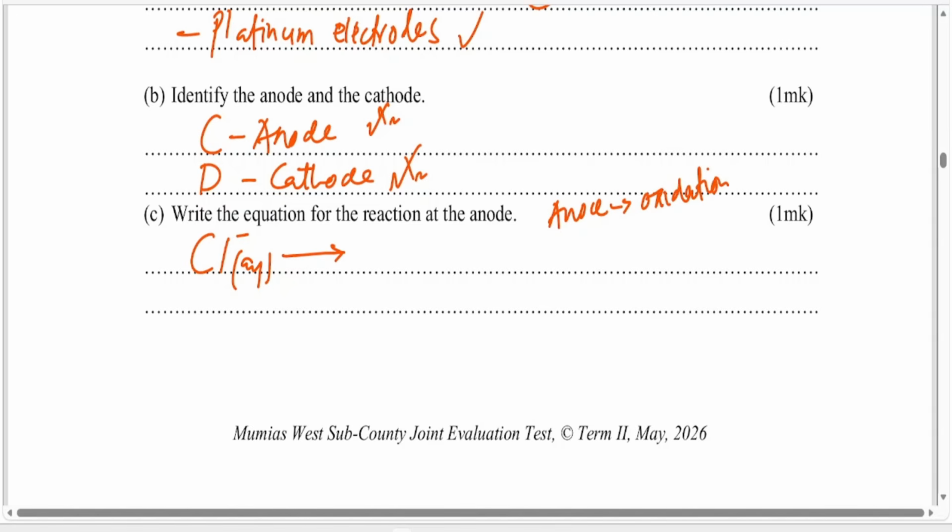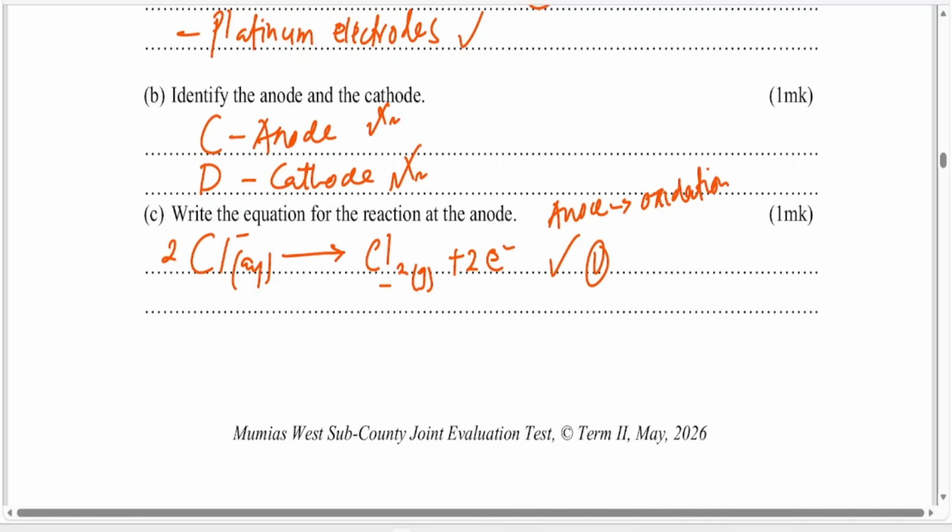So in this case, chloride ions lose an electron, and we obtain a molecule of chlorine gas. Then we discharge an electron. One electron is lost. And because we have two chlorines here, molecules, we balance with 2, and we also balance because minus 2 means that 2 electrons have been lost, so we also balance with 2 here, and that is the equation at the anode, and this gives you 1 mark.